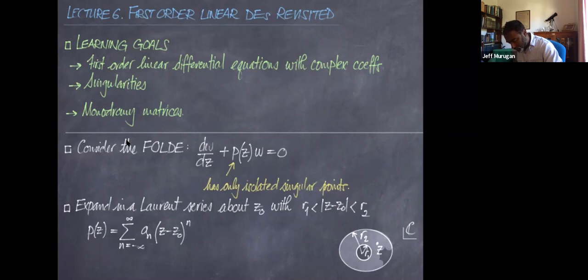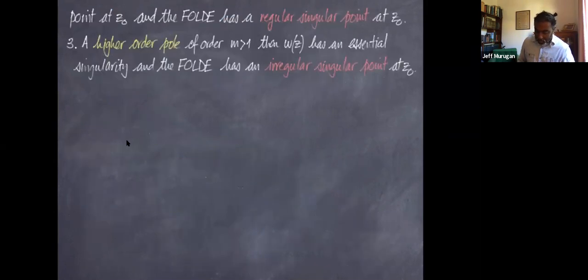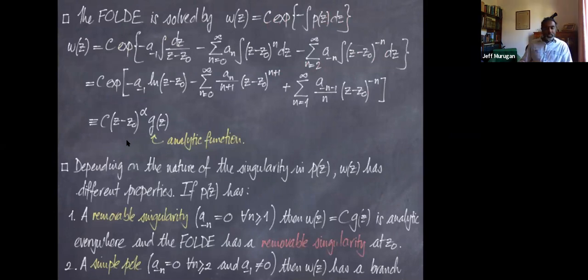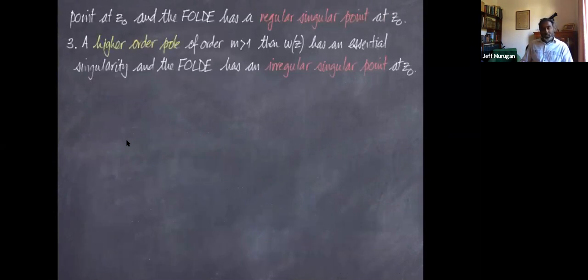In which case, our differential equation has either a removable singularity at Z naught, a regular singular point at Z naught, or an irregular singular point at Z naught.